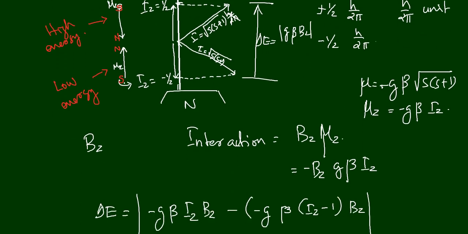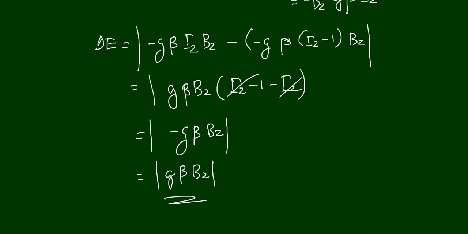Now, if an electron is in this energy situation and it is getting enough energy, then it can make a transition to the higher energy situation just by absorbing energy equal to G into beta into Bz. This energy is usually absorbed in the form of a photon.